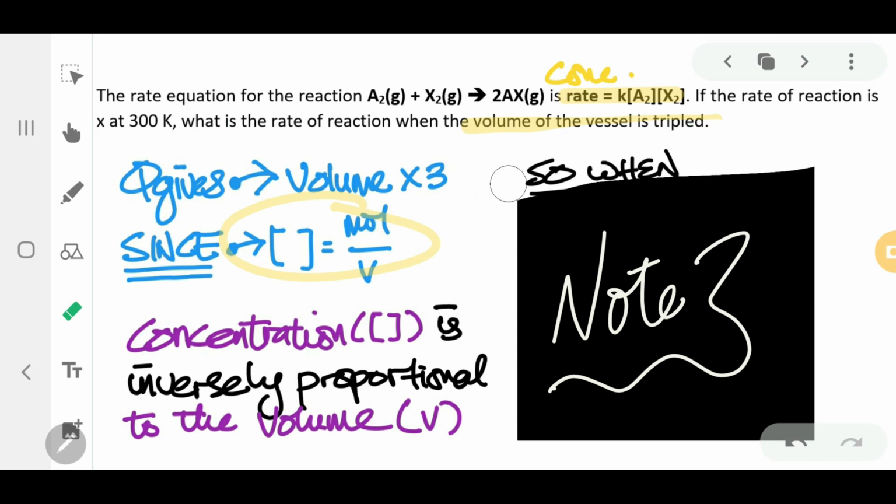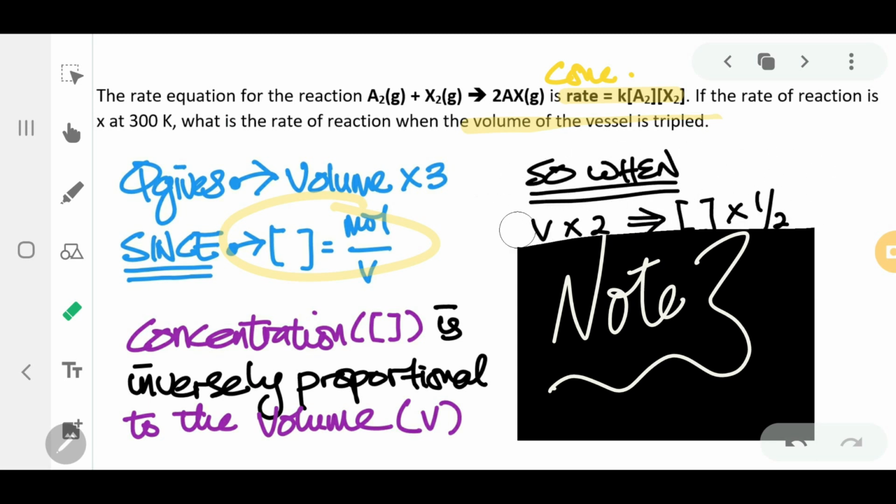Because of that, if the volume is doubled, the concentration will be half, because they are inversely proportional to one another.